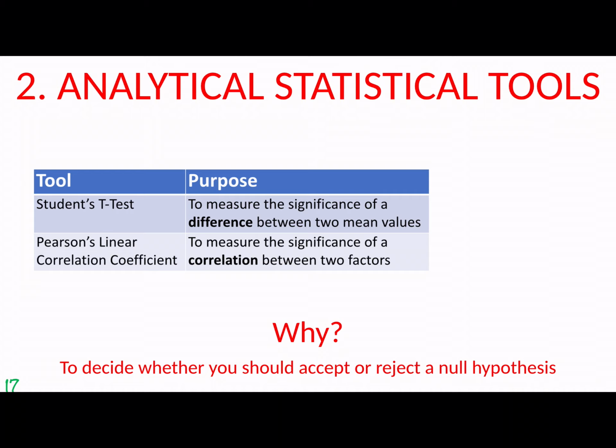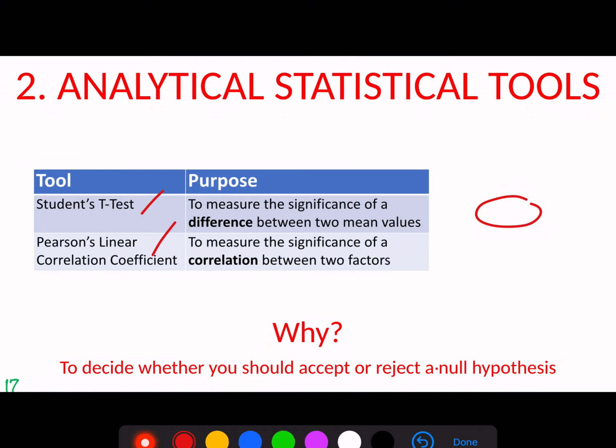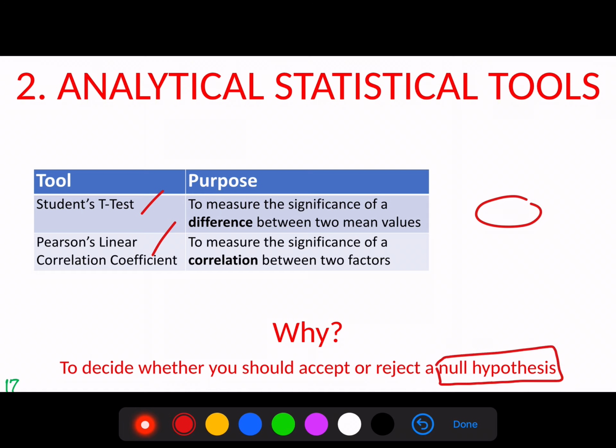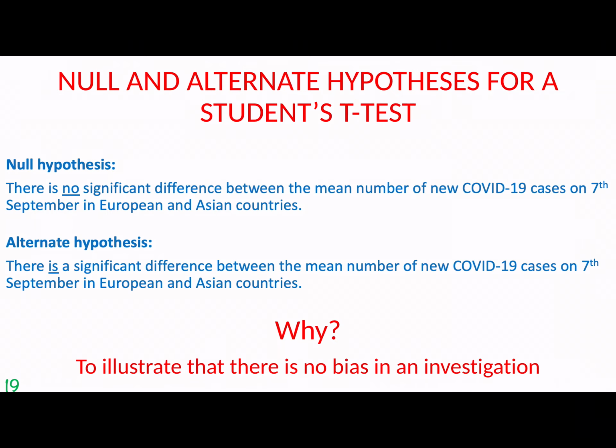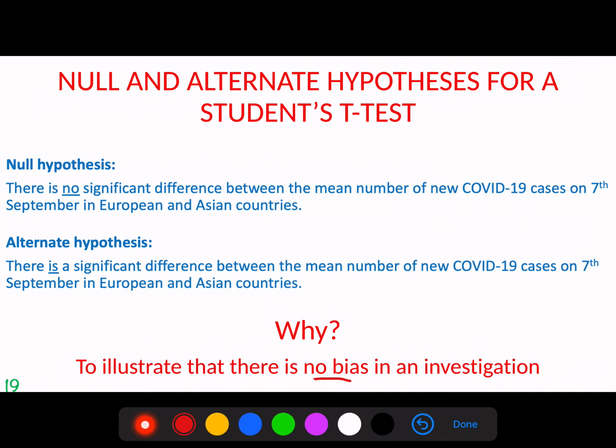What's the point of doing analytical stats? Well, it allows us to decide whether we should accept or reject something called a null hypothesis. What does that mean? Well, a null hypothesis, ignore the alternate one for a moment, is a statement which essentially says to other scientists, look, I'm going into this investigation with no bias. I'm going into this investigation expecting there to be no significant difference between my two factors, or no significant difference between these two continents.